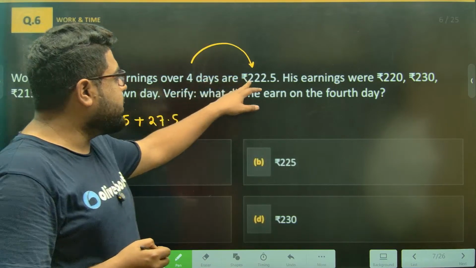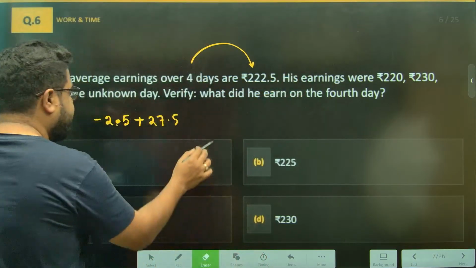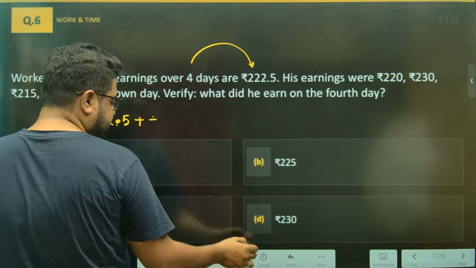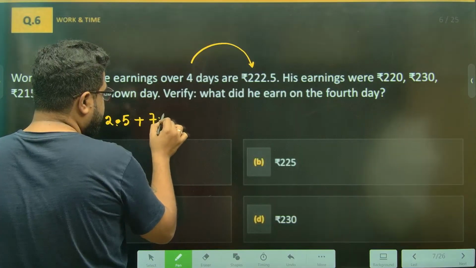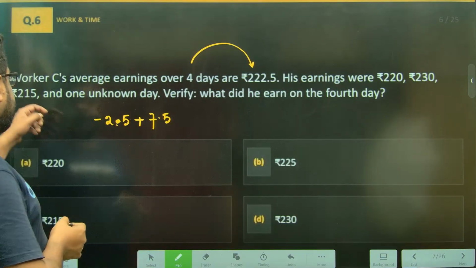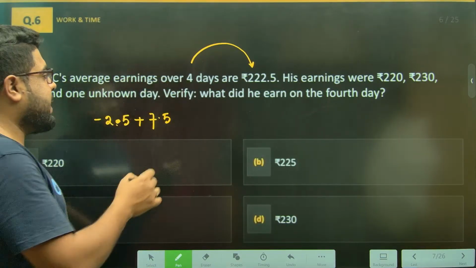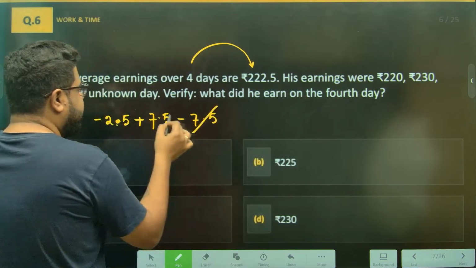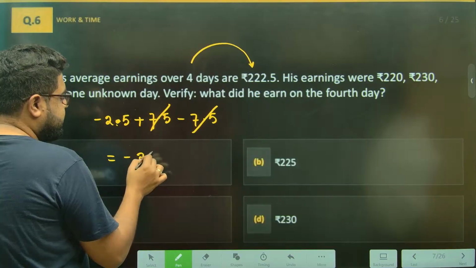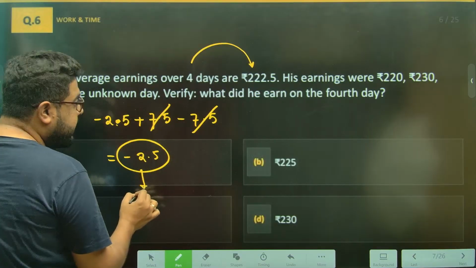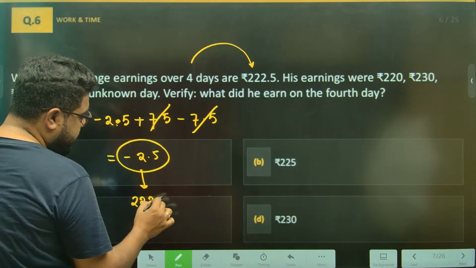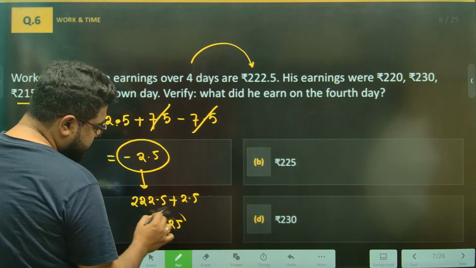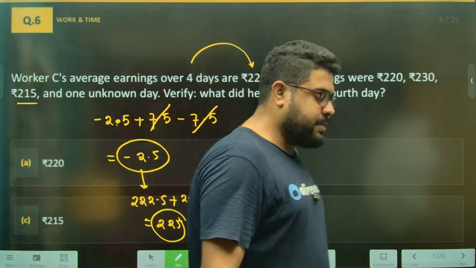Next day, 230, meaning plus 7.5. Then 215 is minus 7.5 from here. So on the next day, what will be the deviation? The deviation must match, meaning his earning will be 222.5 plus 2.5, which is 225, option number B.